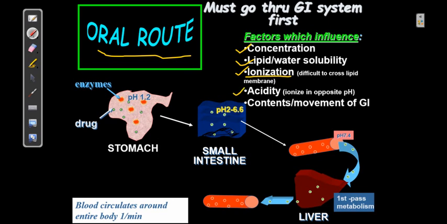Acidity is related to ionization. The pH of the stomach is acidic, and the pH of the intestine is relatively on the basic side. GI motility also will have an effect. Sometimes motility is necessary for dissolution, and sometimes with higher motility, the transit time of the drug is reduced, and in such a case absorption could be reduced.